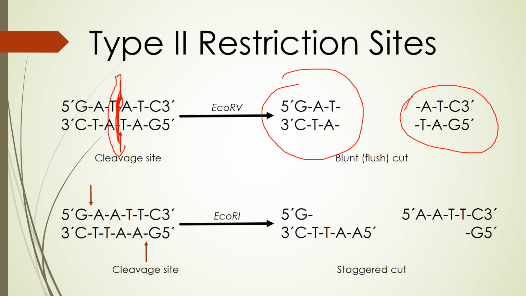So this cuts here and here and here. This type of cut. So this is the first product and this is the second product. And this is mostly useful for recombinant DNA technology.